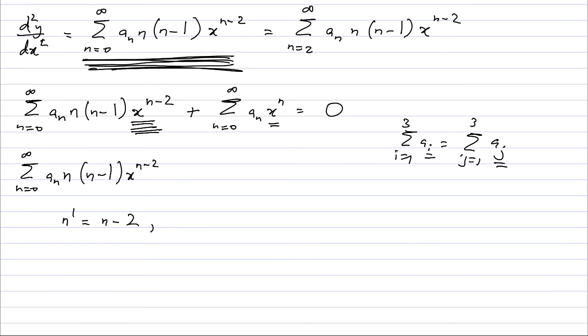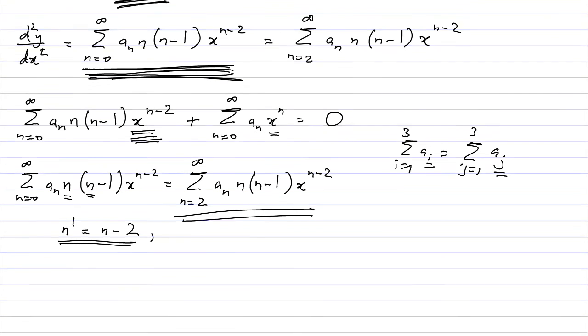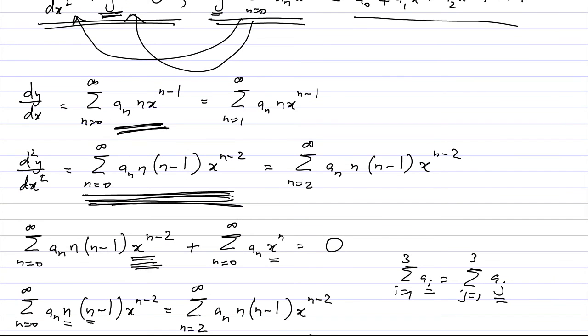But you also realize that you can write this thing as the sum from n equal to 2 to infinity of a_n, n minus 1, x raised to power n minus 2, because remember the n equal to 0 term and n equal to 1 term are 0 anyway, in this sum. Right, and now you make the substitution in this sum. That's why I was emphasizing that you can write this double derivative as this sum.